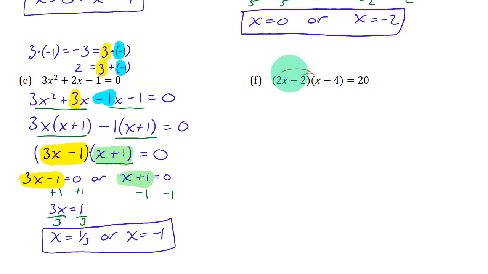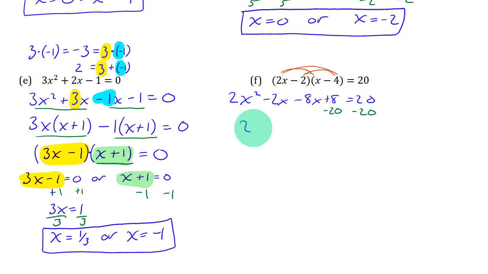So if you FOIL this out, you're going to get 2x times -4, -2 times -4. That's going to give you 2x squared minus 2x minus 8x plus 8 equals 20. And then if you subtract 20 from both sides, you'll have 2x squared minus 10x, and then I'm just combining these terms here to make 10x. And then 8 minus 20 is -12.